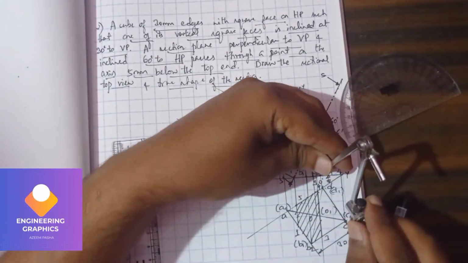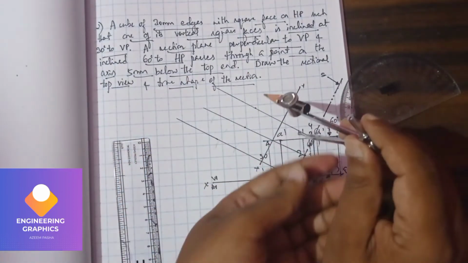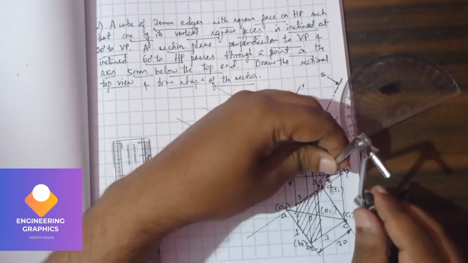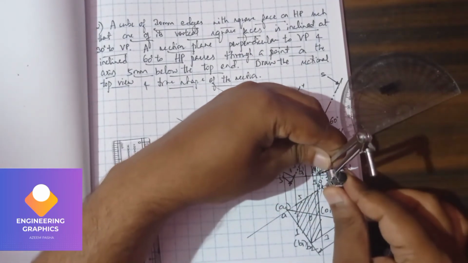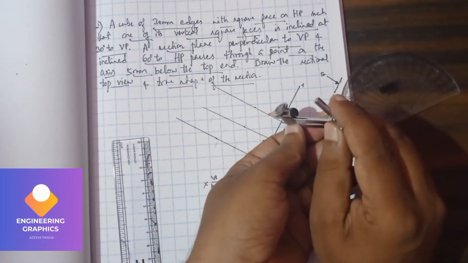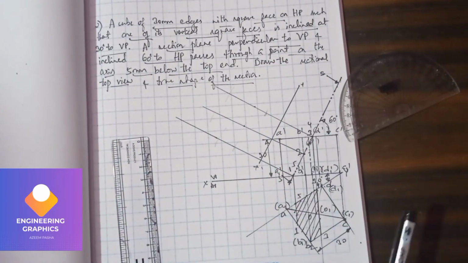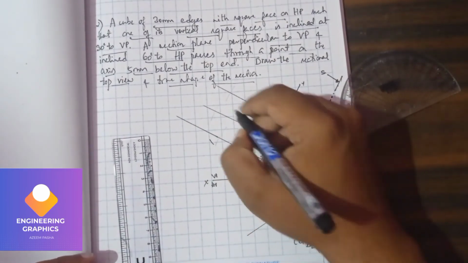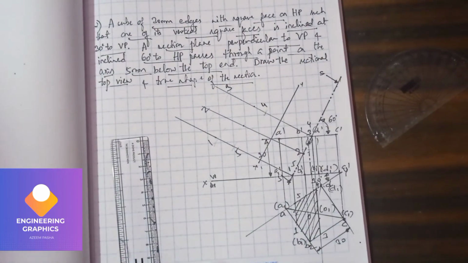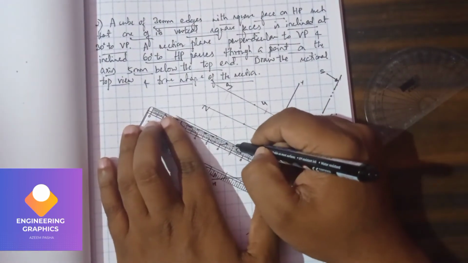Now point number 3 from here to here. Then point number 4 on the same line, I measure from here to here. You can see this is the distance, and cut it. Now we can mention this is 1, this is 5, this is 2, this is 3, and this is 4. Now we can join all these points to draw the true shape of the section.